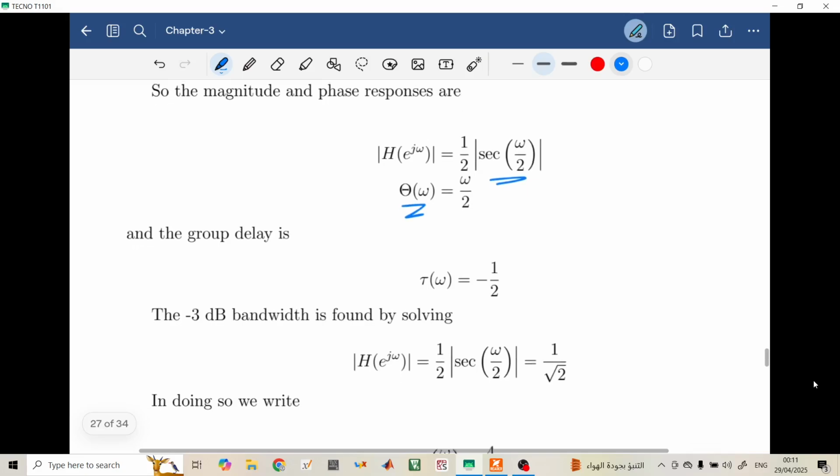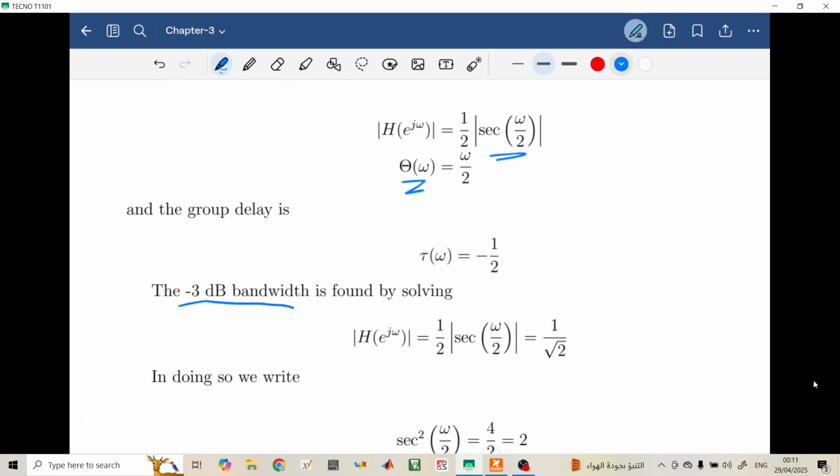As for finding the minus 3 dB bandwidth, we now equate the magnitude to the half power value, which is 1 over square root of 2 this time, right?